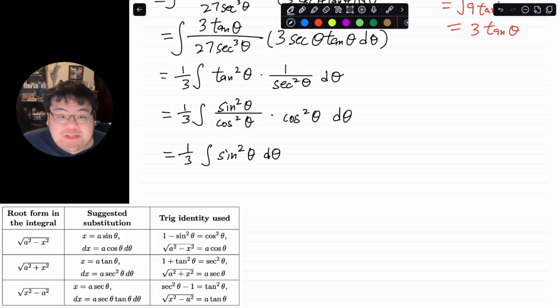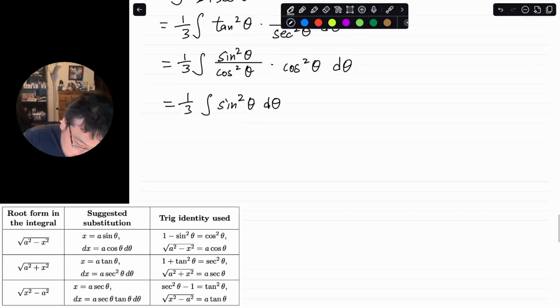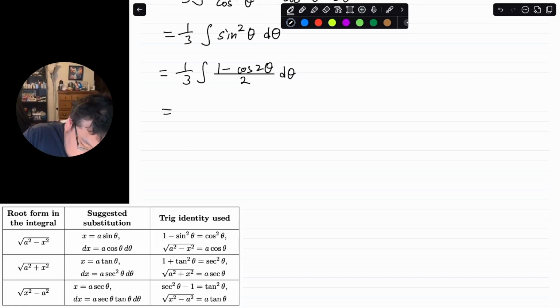So again, using our knowledge on how to integrate the even powers of trigonometric functions, we use the double angle formula. And then, because this is the second time we do this kind of integral, I'll skip some steps. That will just be theta minus 1/2 sine of 2 theta.